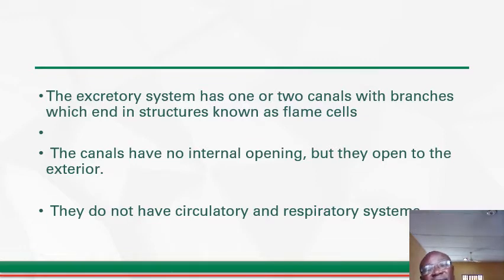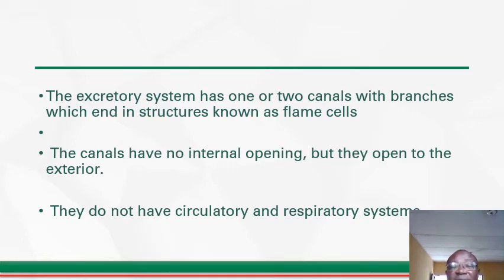The excretory system has one or two canals, and these canals have branches, and these branches end in structures that we call flame cells. The canals have no internal opening, but they open to the exterior, and it could be for elimination of excess water or any other material. So they do not have a circulatory and respiratory system.